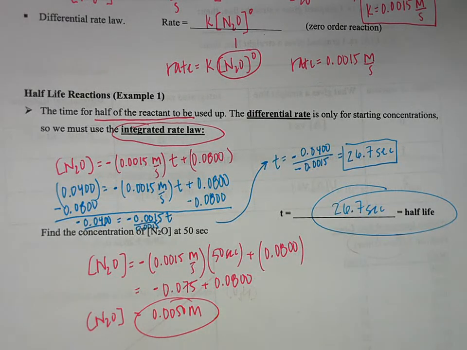And again, after we know our integrated rate law, we can find a lot of different things. So that was for zero order.